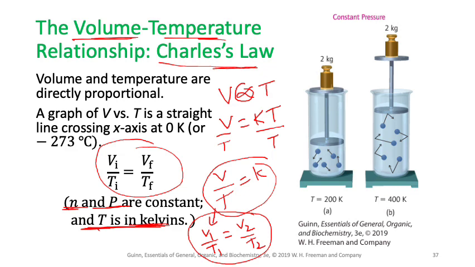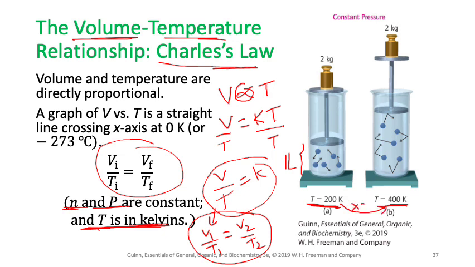Right, so let's take an example. On the right side you have a picture. It shows a gas enclosed in a container. At the initial condition, the temperature of the gas is 200 Kelvin, and let's say the volume of this gas is 1 liter. If I heat this gas and the temperature goes from 200 to 400, how much did we increase the temperature?